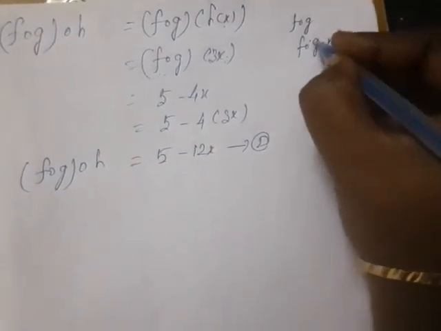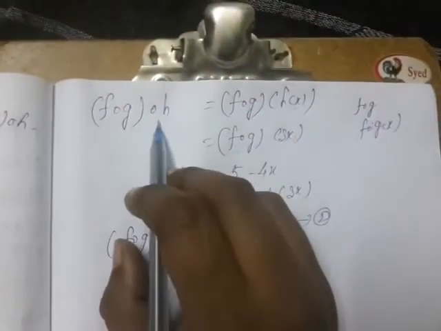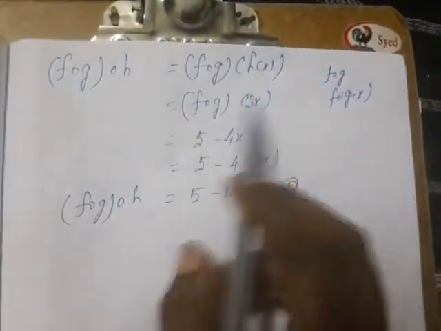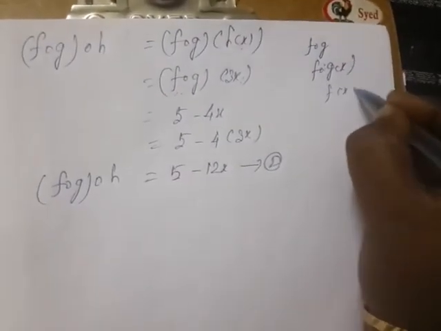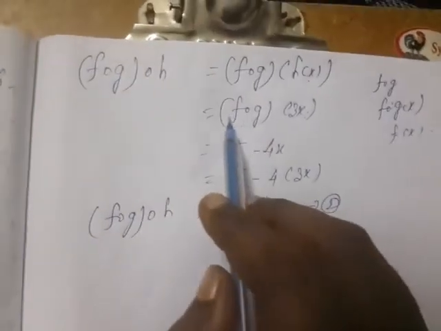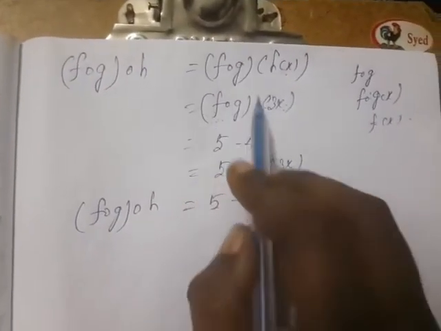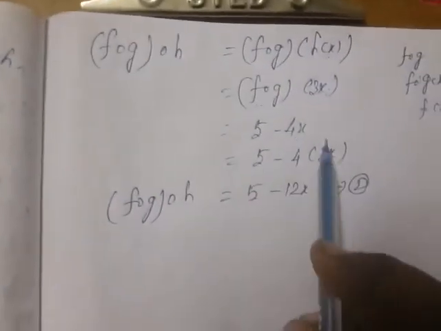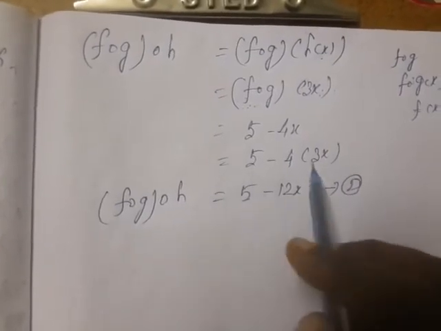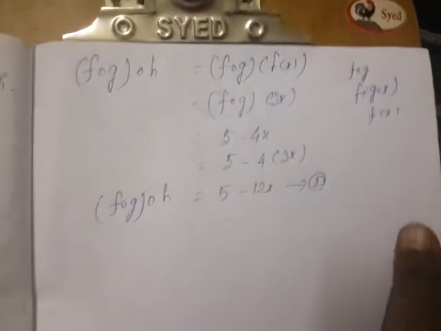F composite g value is 5 minus 4x, and instead of x I substitute 3x. So 5 minus 12x.